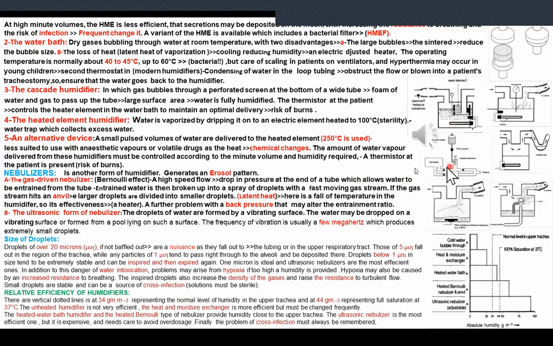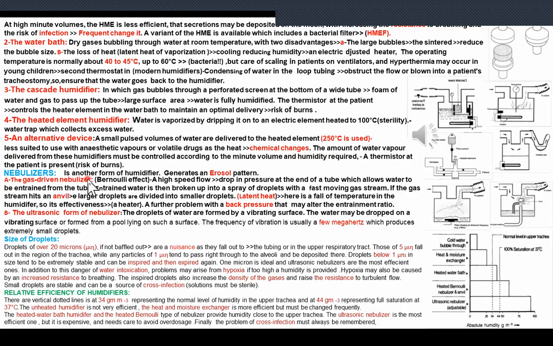This heating element induces a heat of around 250. The other one was using only a temperature of 100. So this too much temperature in the presence of anesthetic vapor or vaporized drugs will be affected much. So it's not used during the process of anesthesia.